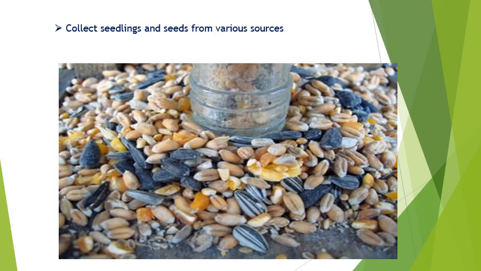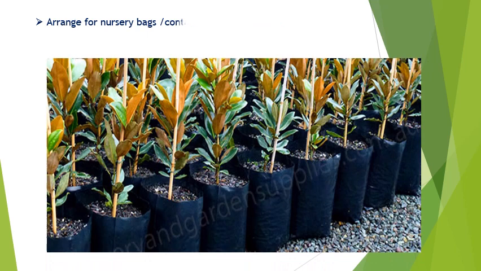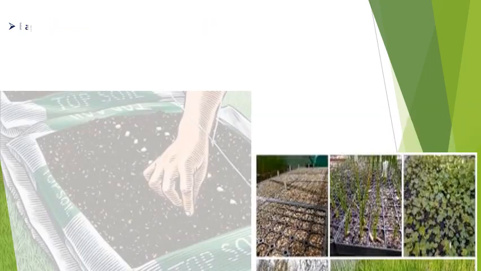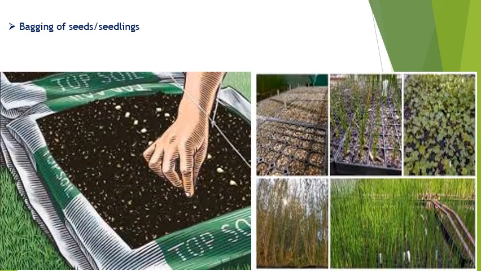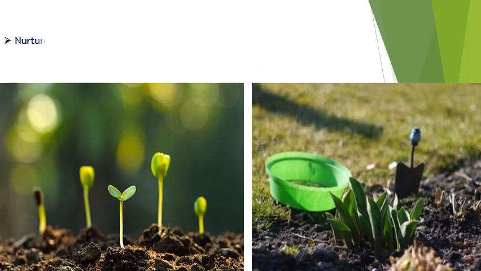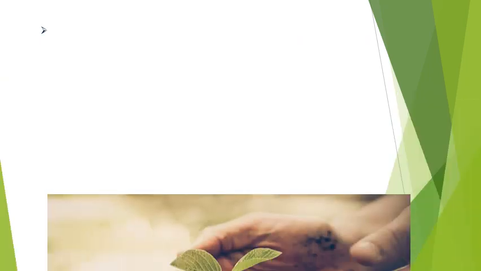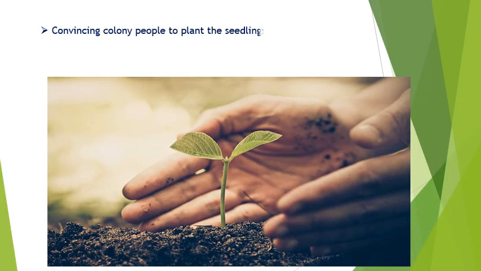Collect seedlings and seeds from various sources. Arrange for nursery bags or containers. Organize soil, compost and natural pesticides. Bagging of seeds or seedlings. Nurture the seedlings until they are ready for plantation with adequate water. Convincing colony people to plant the seedlings around their homes and nurture them.